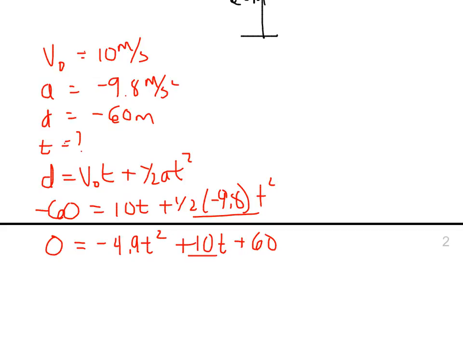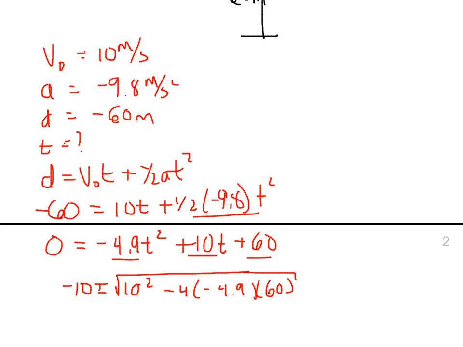I set up my quadratic equation. I have negative B, so negative 10 plus or minus the square root of 10 squared minus 4 times A, which is this, times C, which is this, all over 2A. Now all I got to do is do the math.